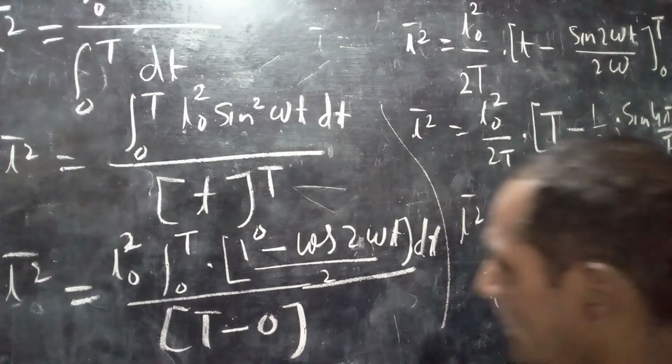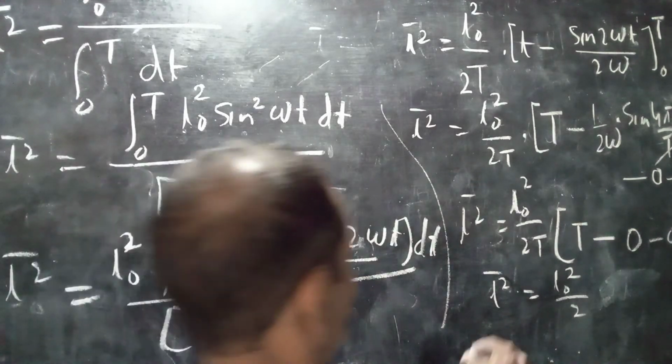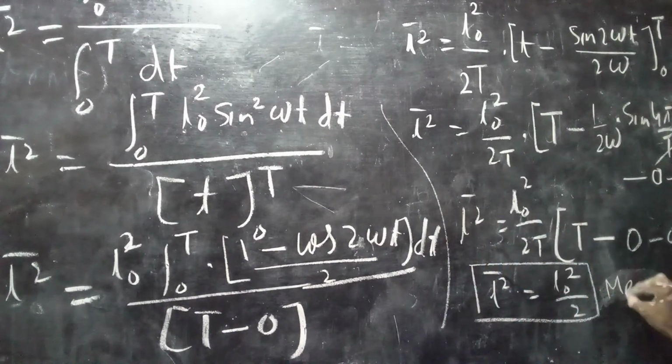When we have squared the value and then taken the mean of it, this is your mean square value of alternating current.